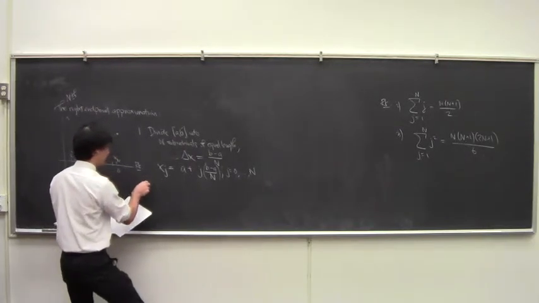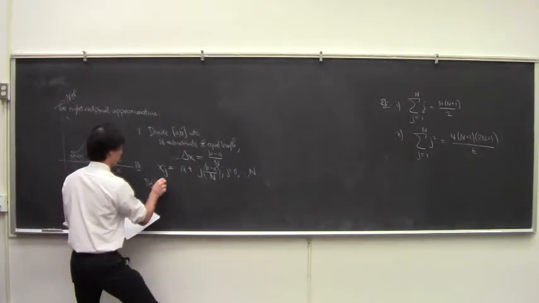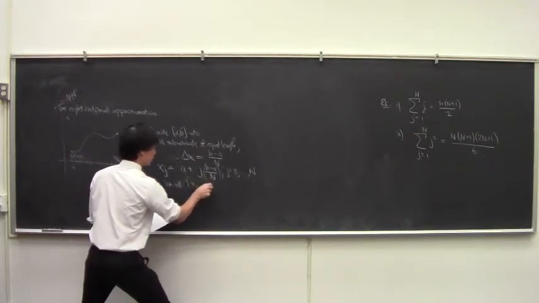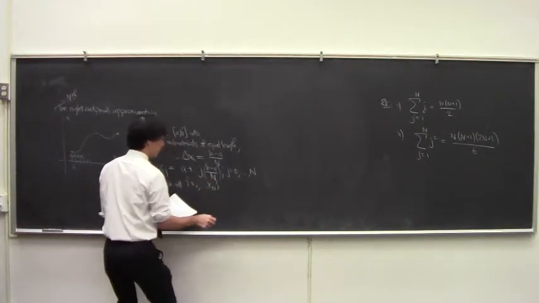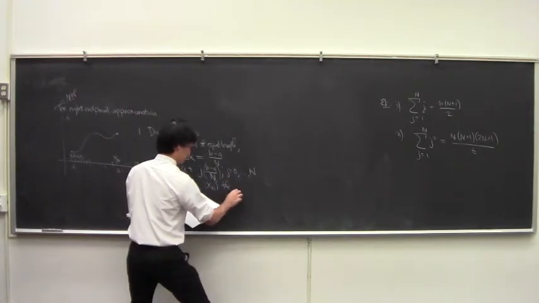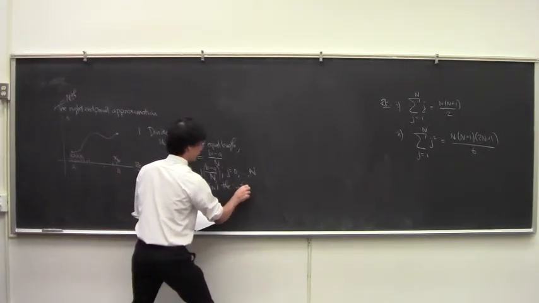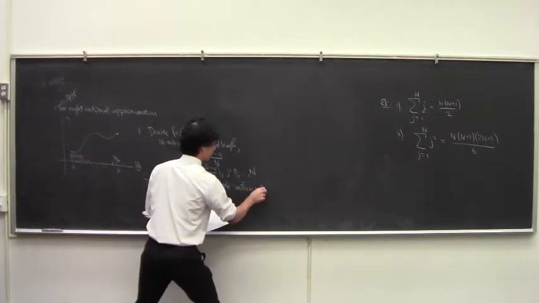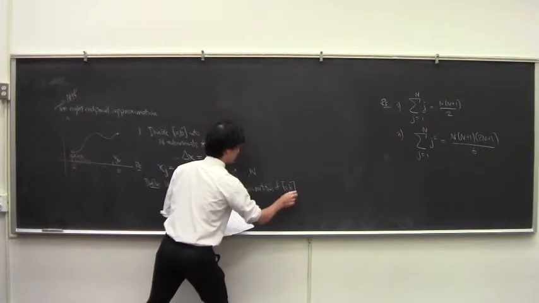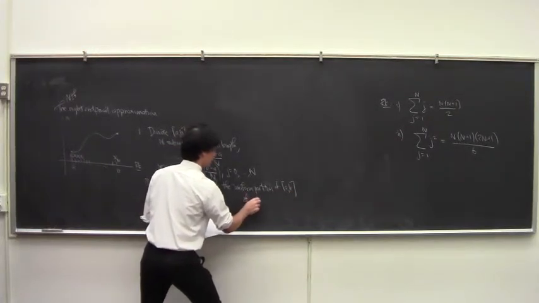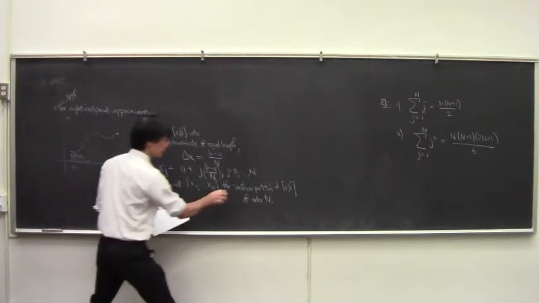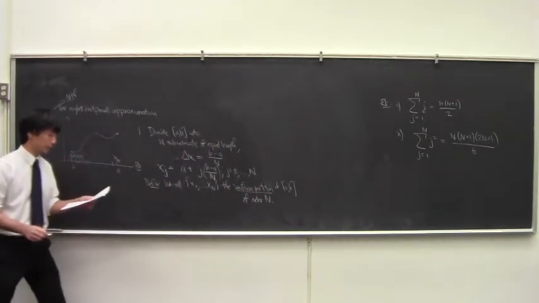And we call this ordered collection of points the uniform partition of AB of order n.